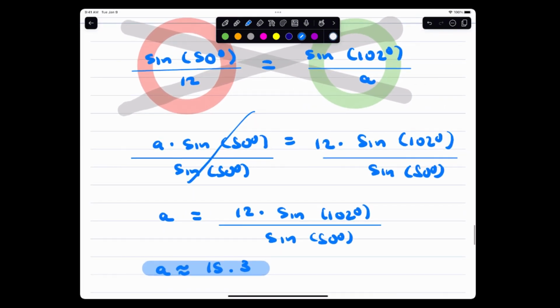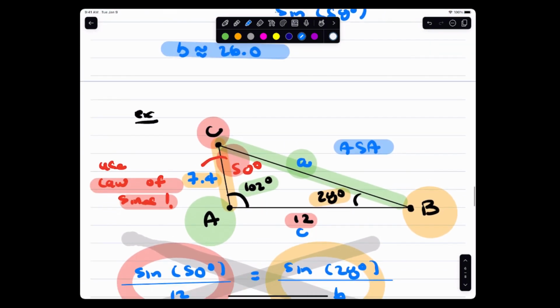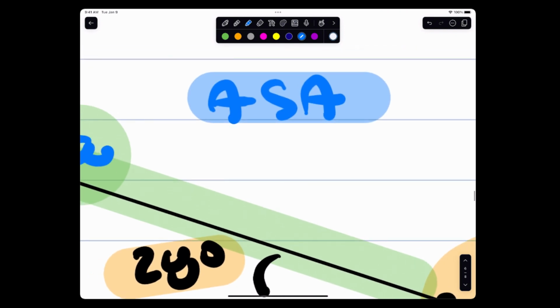Welcome to the law of sines. This is the first case. What's the first case? Angle, side, angle. And what does that even mean to have angle, side, angle? Do you guys know what that even means?